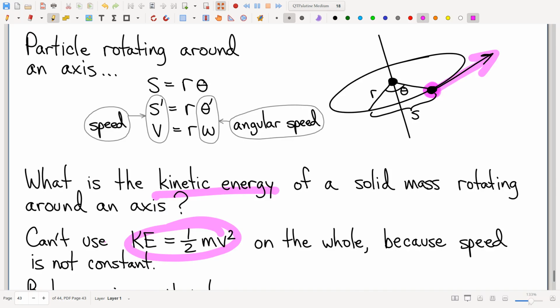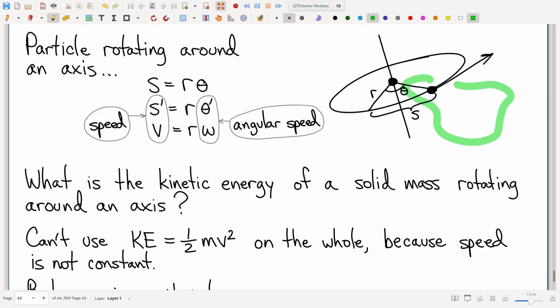If I know what the speed is, boom, you plug in the formula, high school physics, nothing to it. All right. Here's where things become a little tricky. What if I don't have a point mass, but I have a large lump of mass?